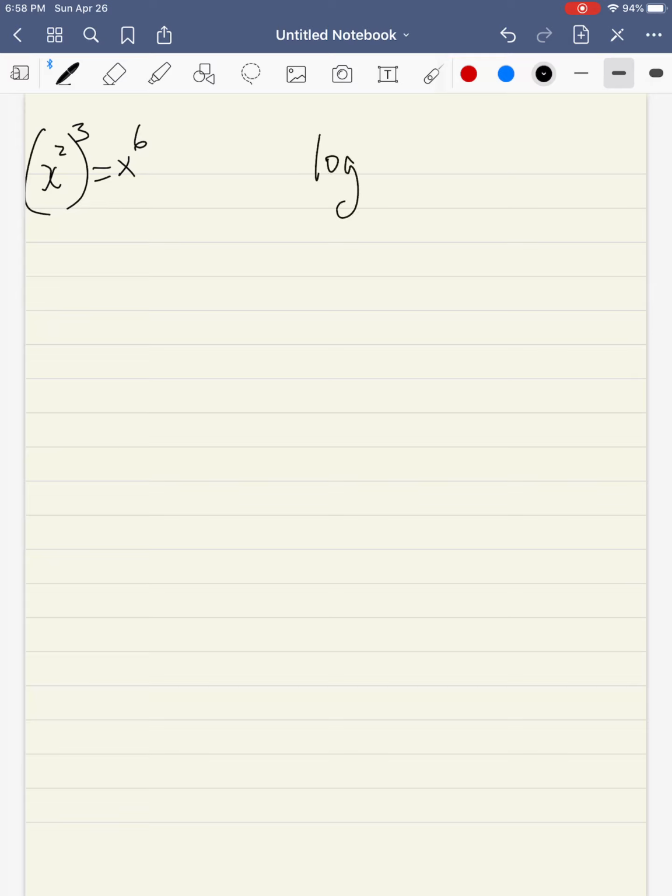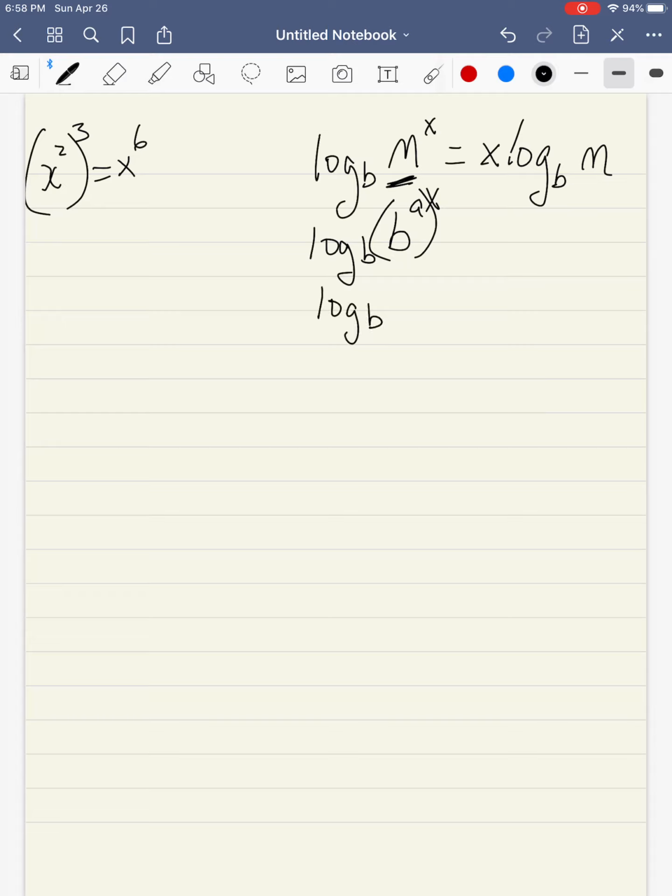We're going to show that the log base B of M raised to the x power is actually equal to x times the log base B of M. Again, substitute for M. Remember, M was B to the A, and now it's being raised to the x power. Well, that's the same as saying log base B of B to the AX. And then what happens to the B's? It cancels. You have AX left over.